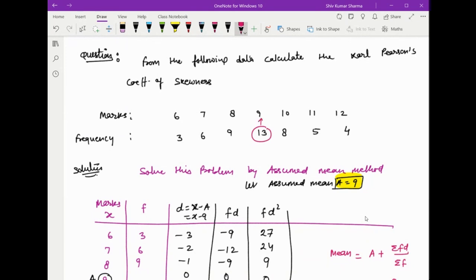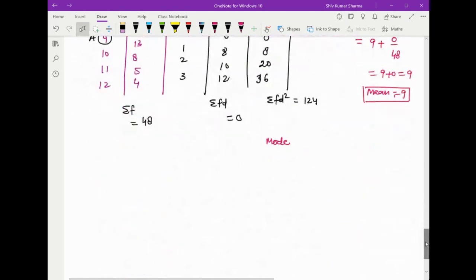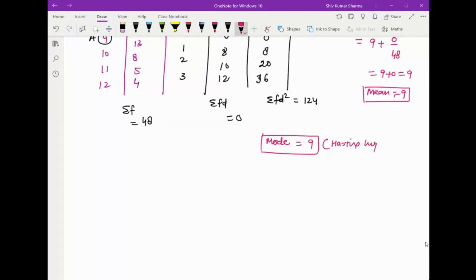In front of 13, the value is 9. So the mode is equal to 9.